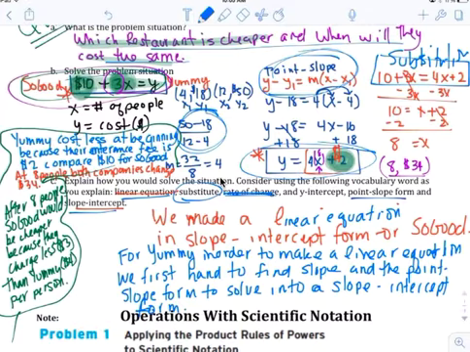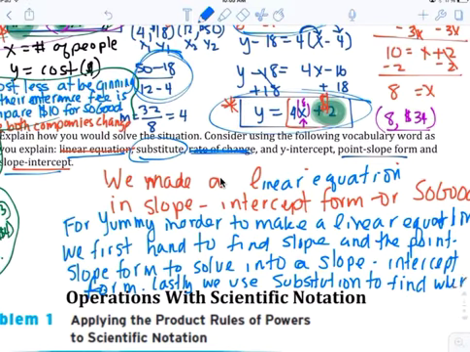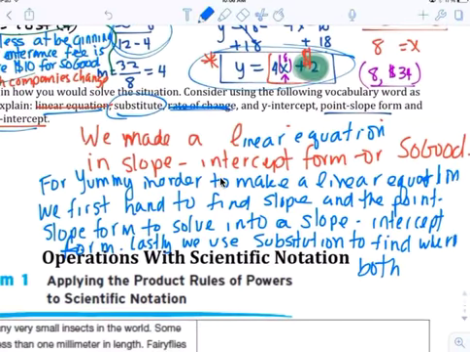We're going to use substitution to find where both restaurants charge the same.